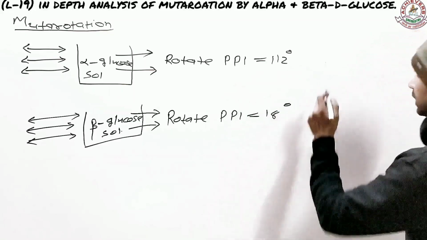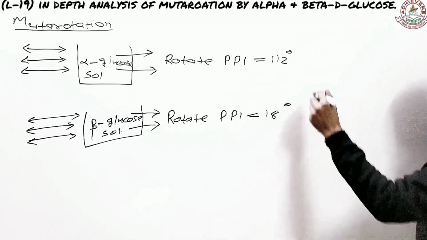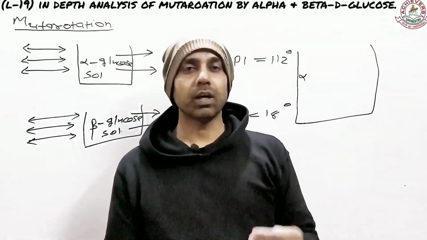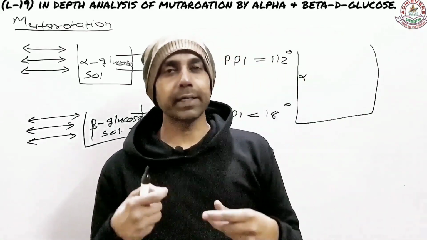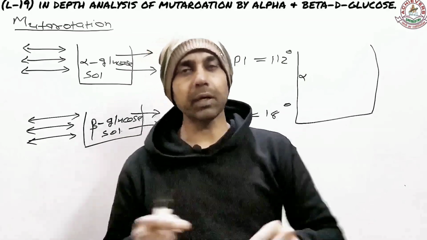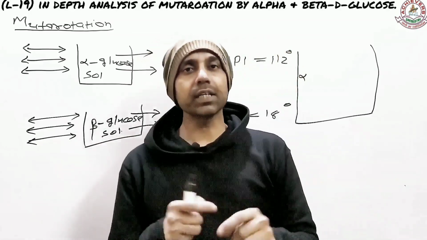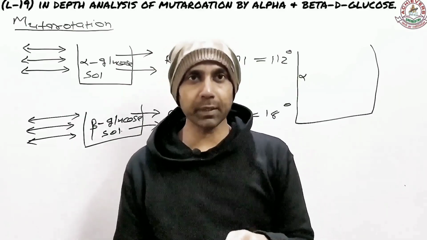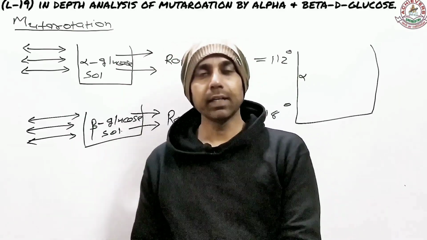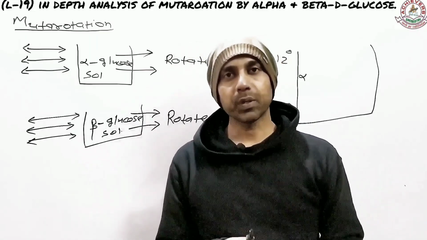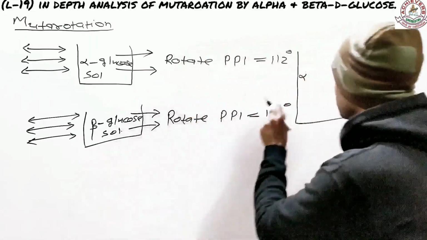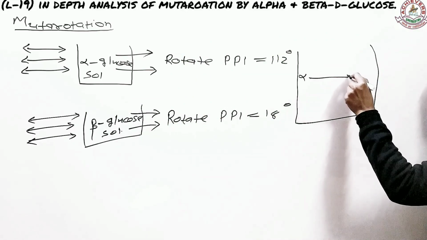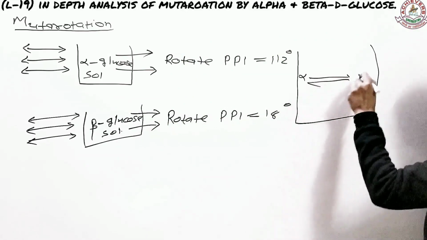Now pay attention here because I am taking it to a different level. In a previous lecture, one or two lectures back, I described that the alpha and beta forms of glucose are interconvertible because they go through reversible changes. That means alpha changes to beta and beta changes to alpha. So suppose you placed alpha glucose, it will turn into beta glucose.